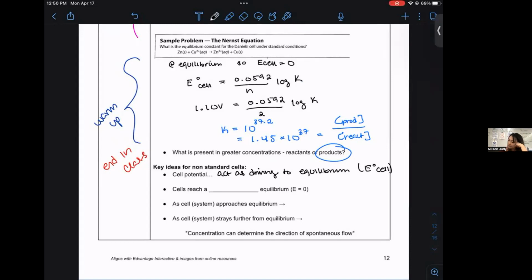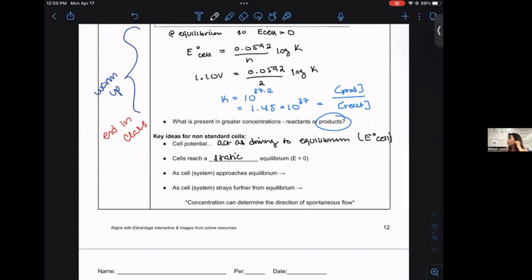Cells reach a static equilibrium, not dynamic. So this is slightly different than our previous discussion on equilibrium, unit 7. As the cell system approaches equilibrium, the magnitude of non-standard E drops because you get closer and closer to your E naught.